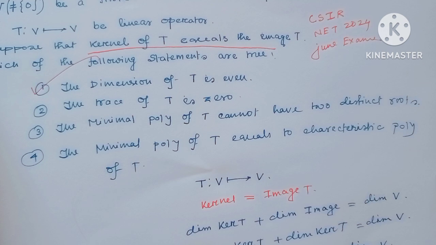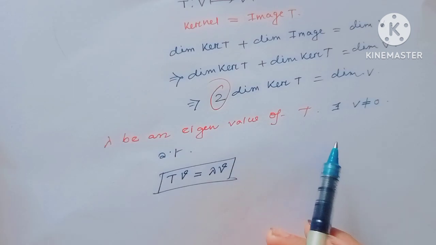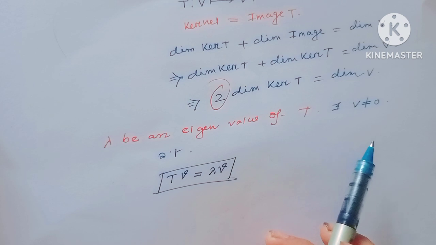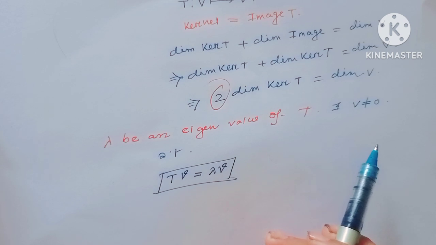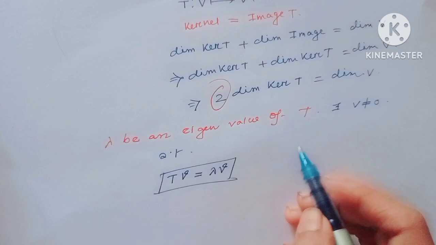Next, the question about the trace of T being 0. Trace here means the question is about the eigenvalues, because all of us know the sum of eigenvalues is called the trace. Since kernel T equals image T, if lambda is an eigenvalue of this linear transformation, that means there exists a non-zero v such that Tv equals lambda v.